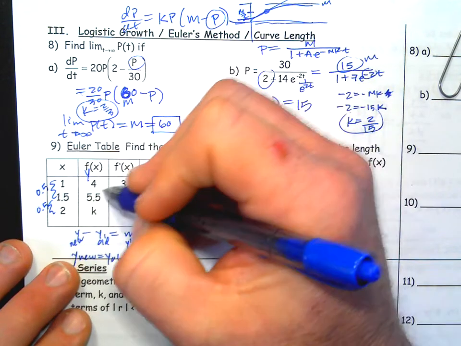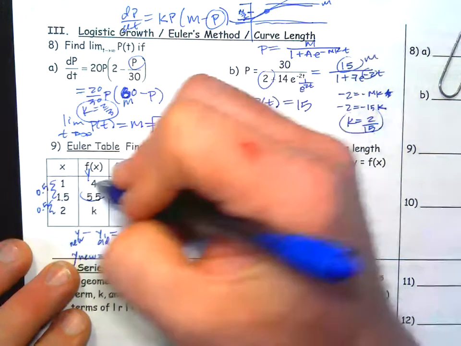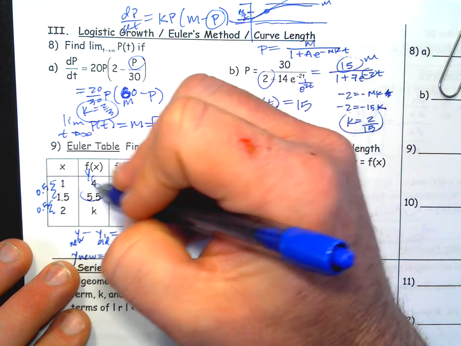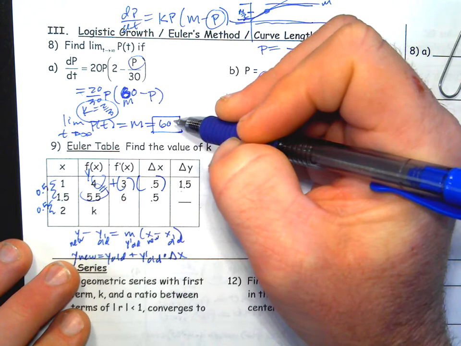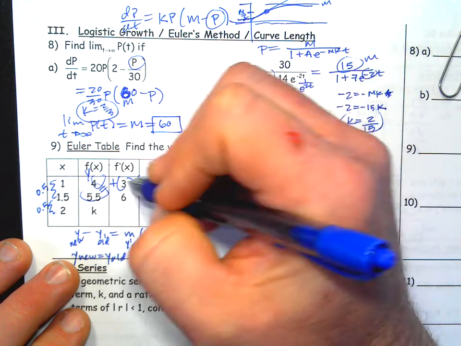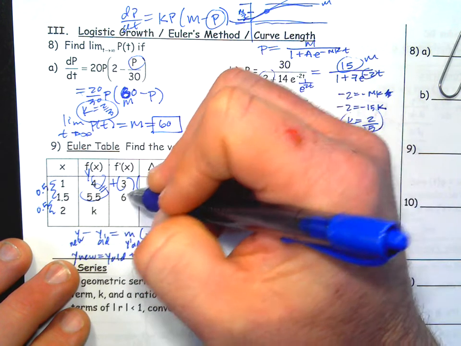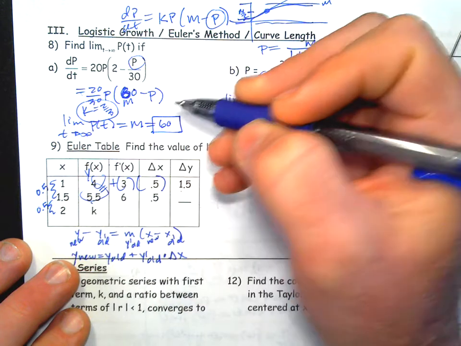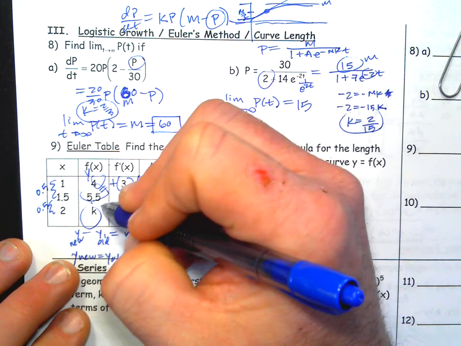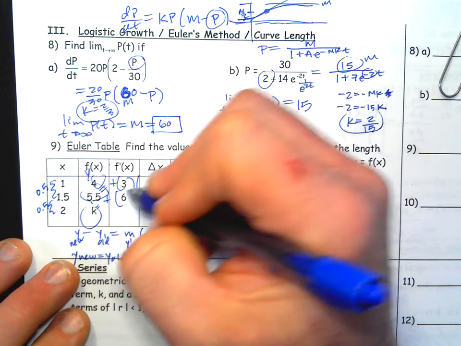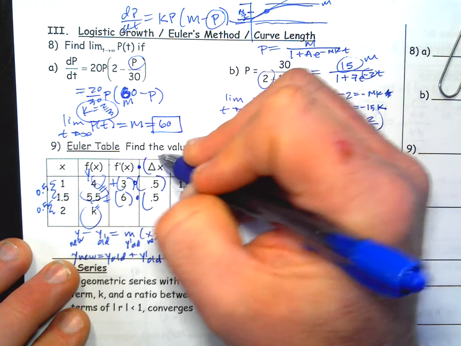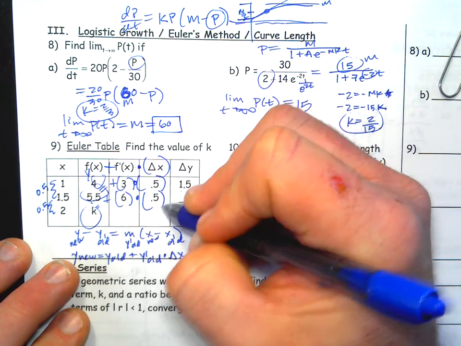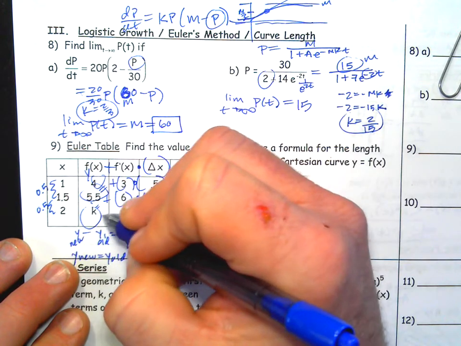And so the new y value equals the old y value plus the derivative times delta x, which is going to be 1.5. So that's going to be 5.5. That makes sense. So this one is going to equal the previous one plus f prime of x times delta x. So that's going to be 8.5.